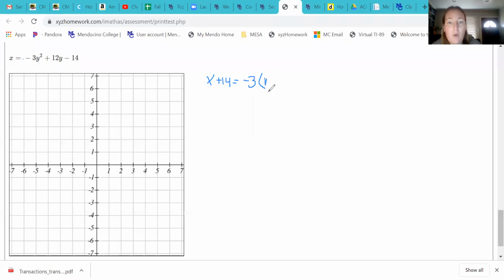So that would leave me with y squared, and because I factor out a negative and I have a positive here, it has to be -3 times 4 would make that 12. Okay, so I'm going to go ahead and write plus blank here because I'm going to try to complete the square, make this a perfect square, which means I'm also going to have to add something to this side.